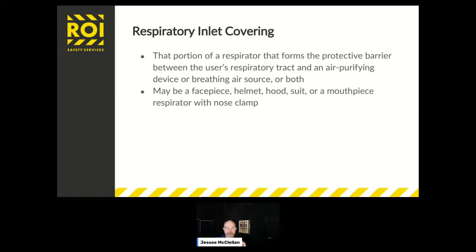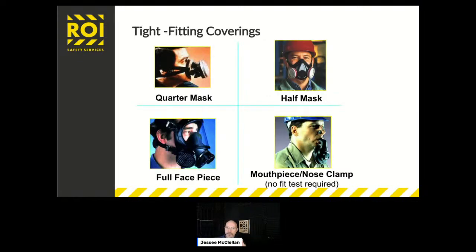Okay, so the respirator, again, we're going to cover the highlighted sections for this training. These are the different types of respirators. You have a quarter, a half, a full face, and a mouthpiece. These aren't even around anymore. But the full face and the half mask are primarily the main choices for respiratory protection.